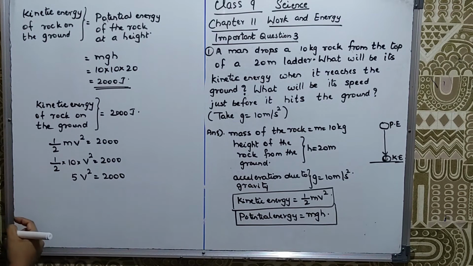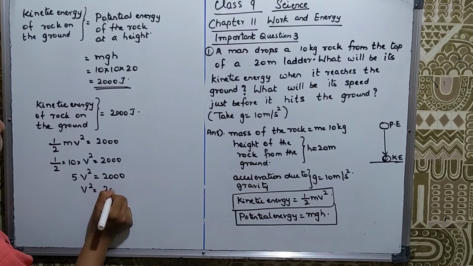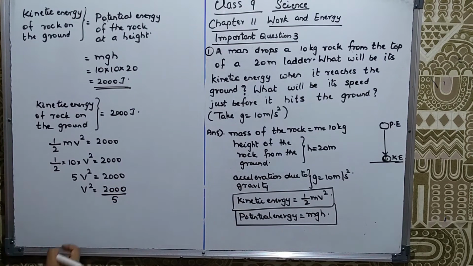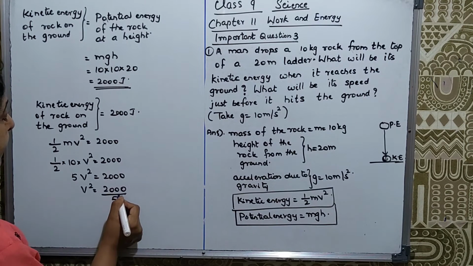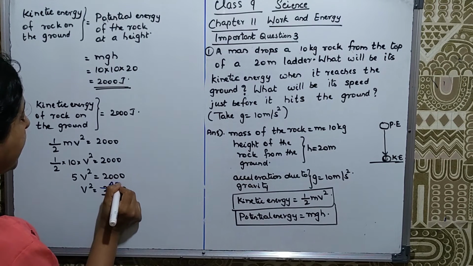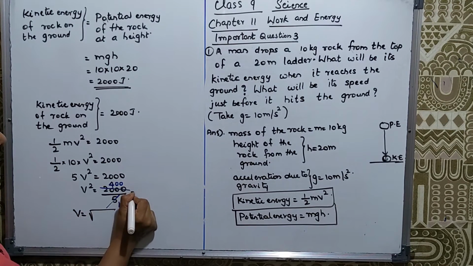Now we'll cancel. So v squared equal to 2000 divided by 5. Five ones are 5, five fours are 20. So it will be 400.